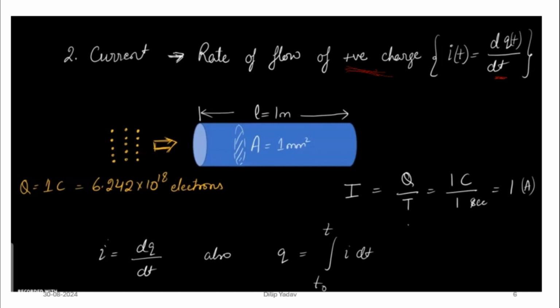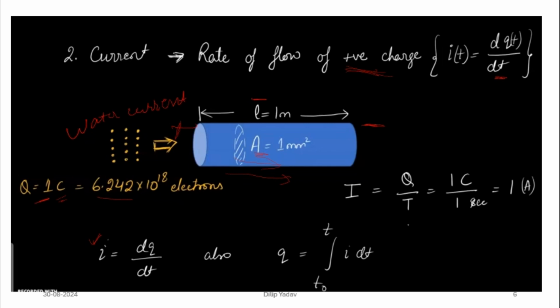This is a pipe, a water pipe, and we have to flow something inside it. Like the water current, the water is going to go inside this, which has an area of 1 mm square and a length of 1 m. 1 coulomb is equal to 6.24 times 10 to the power 18 electrons. When this charge moves from this point to this point, the rate of change is known as the current.